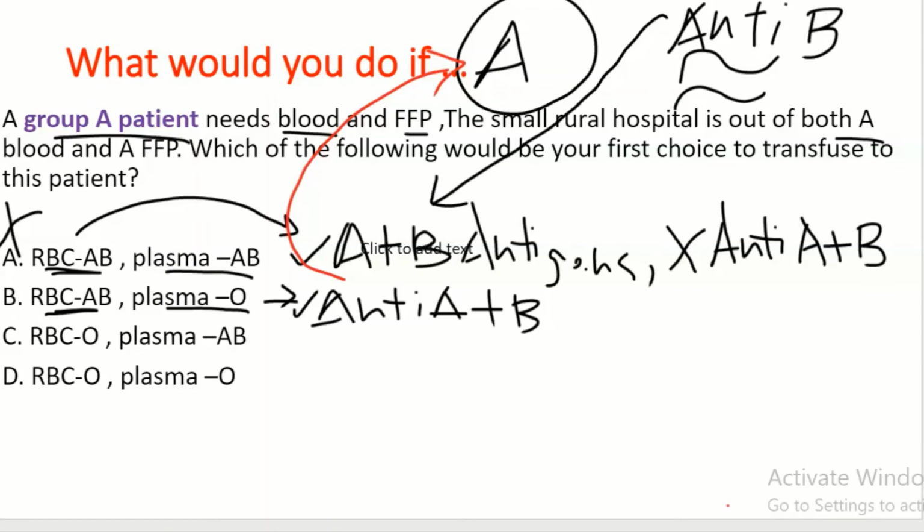Now let's take a look at option C. RBC is of group O and plasma is of group AB.